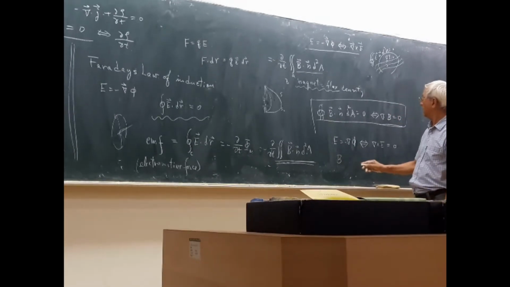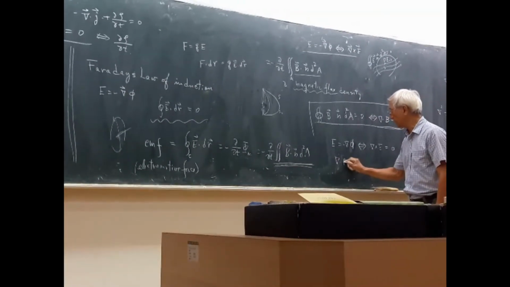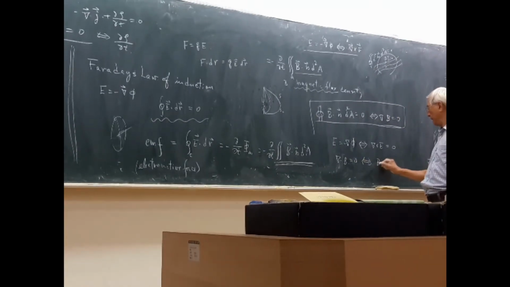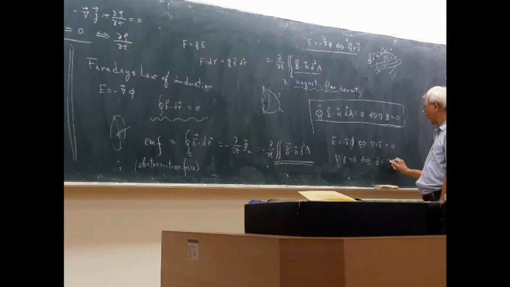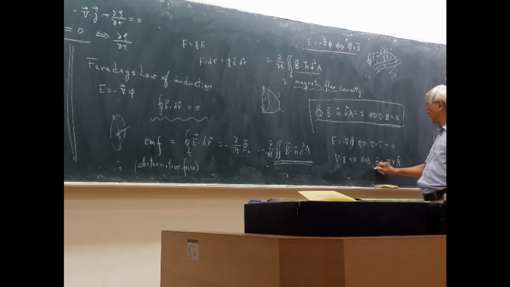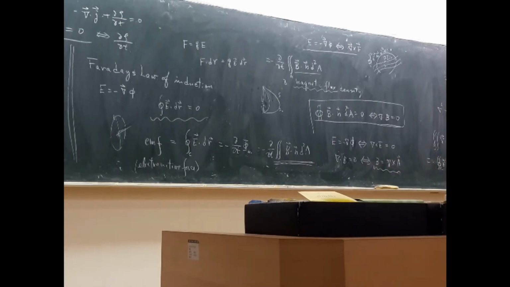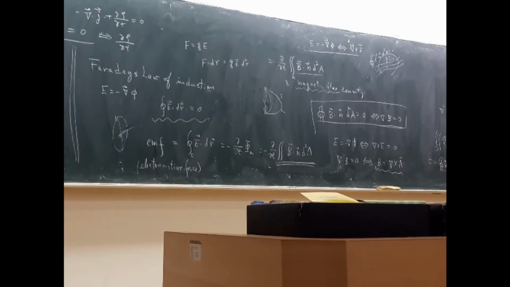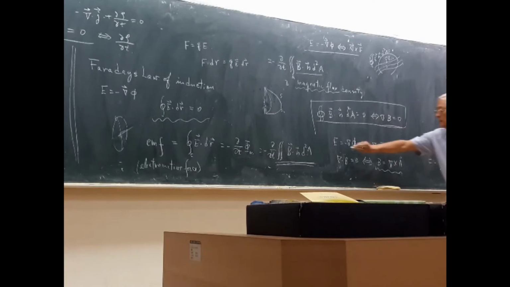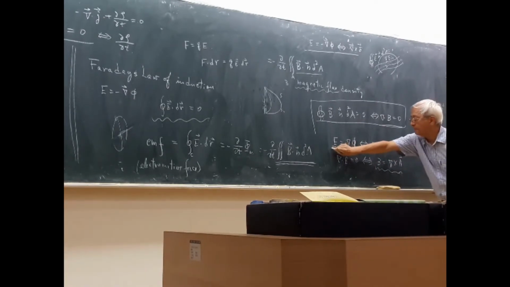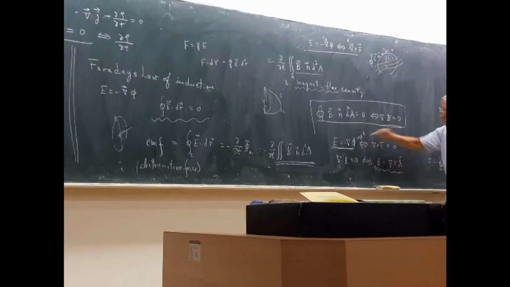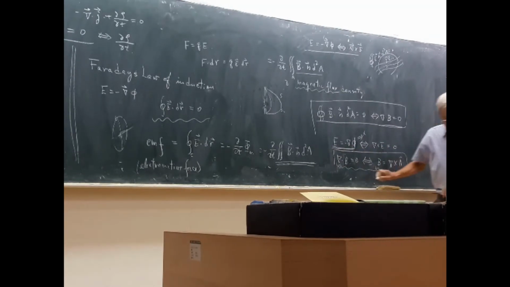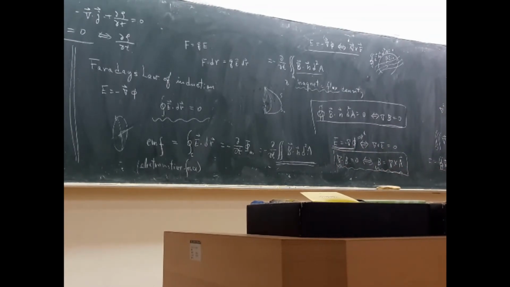Divergence of B equal to 0 implies that B is equal to curl A. The magnetic field has to be the curl of a vector potential. For time-changing fields you have to modify the electric one, but this one always holds. The magnetic field.